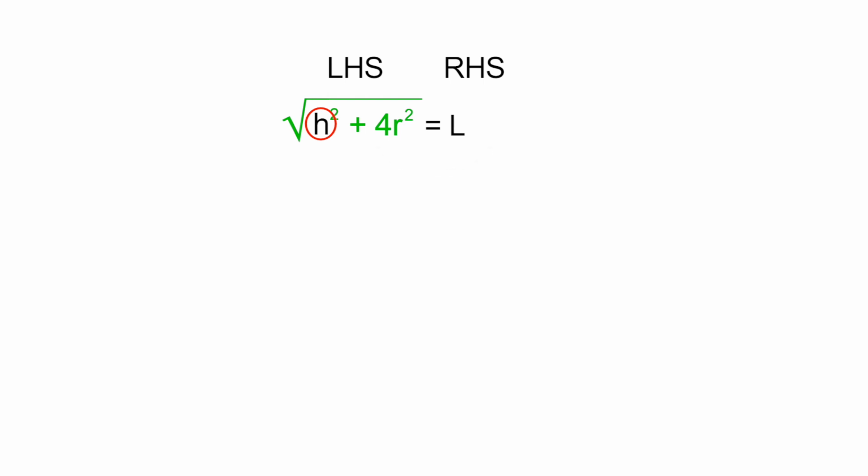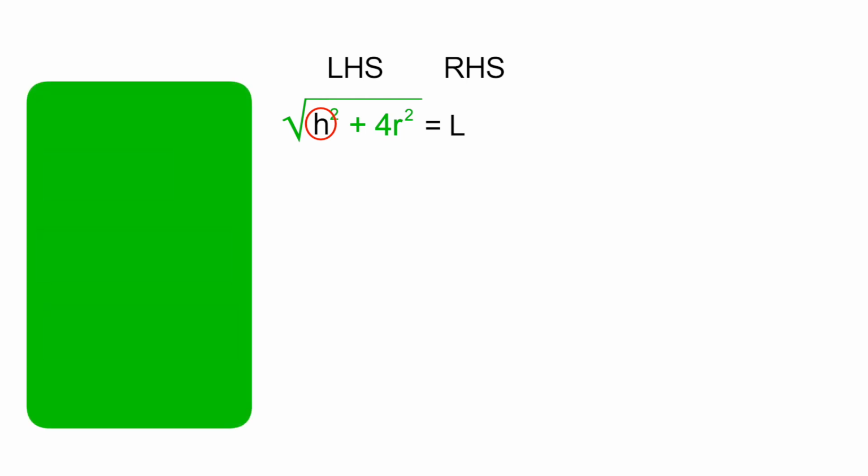As with the previous example, we'll begin by building up the expression on the left-hand side of the equal sign, starting with h, the variable that is going to be the subject of the formula. The first thing we're going to do is square the h, so that we have h squared.